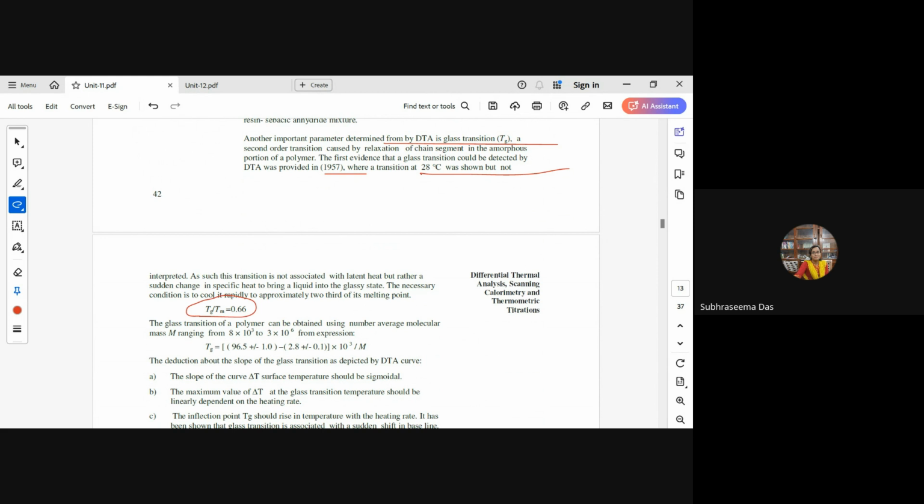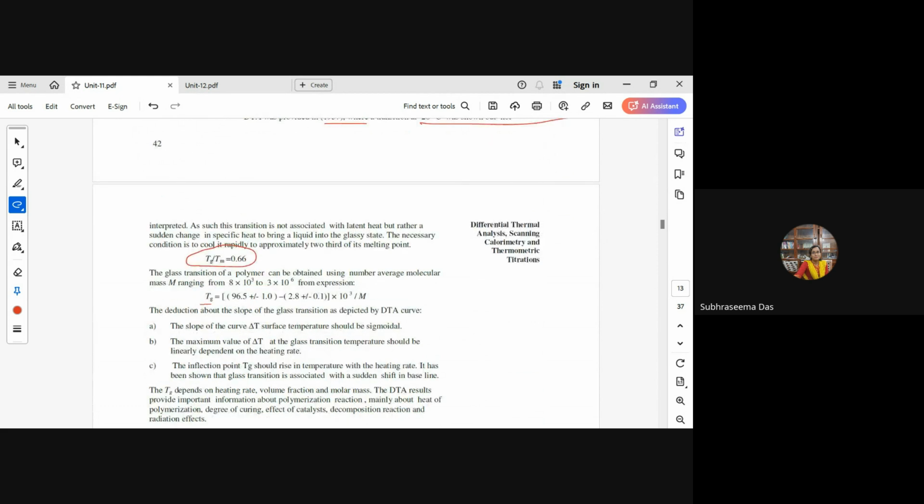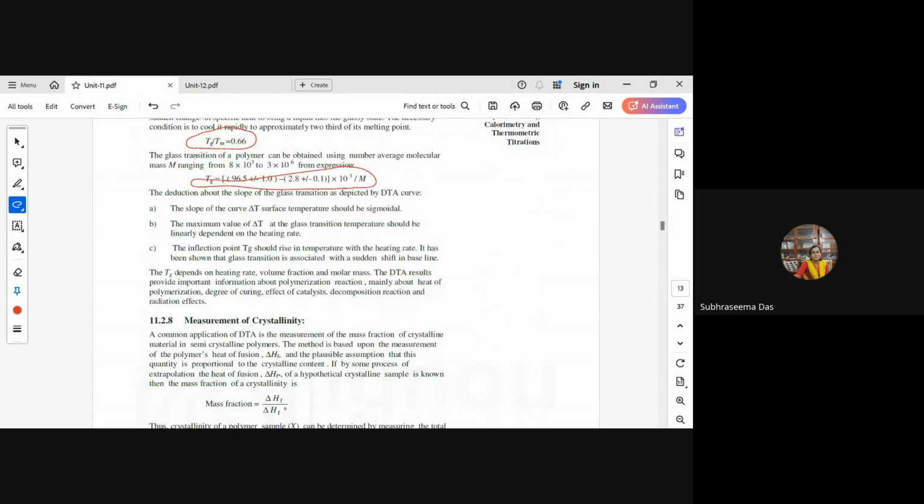This is one of the commonly used conversions for Tg and Tm. The glass transition of a polymer has also been determined from the following equation. The deduction of the slopes of the glass transition as depicted by DTA shows that the slope of the curve delta T should be sigmoidal in nature.